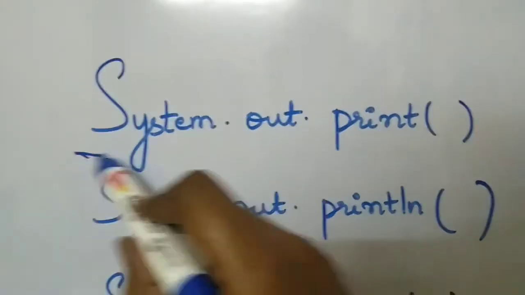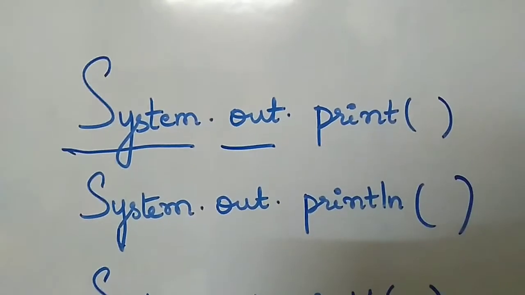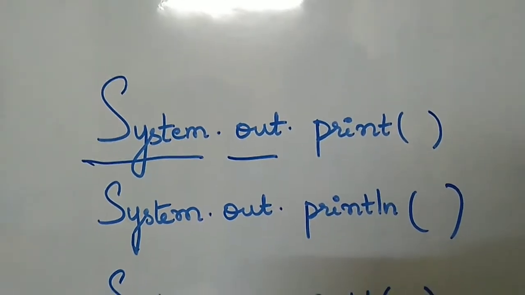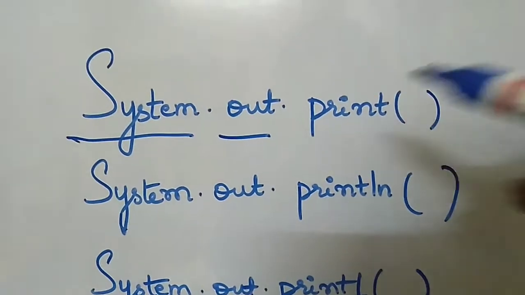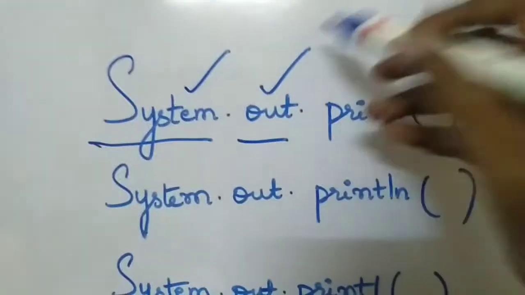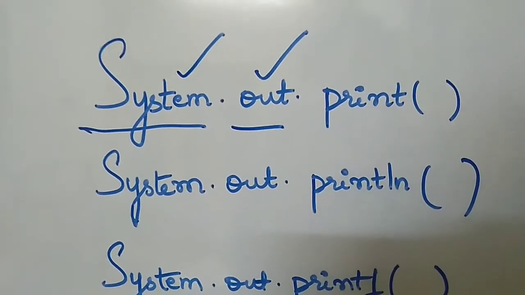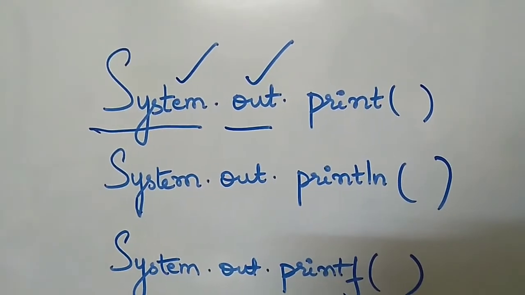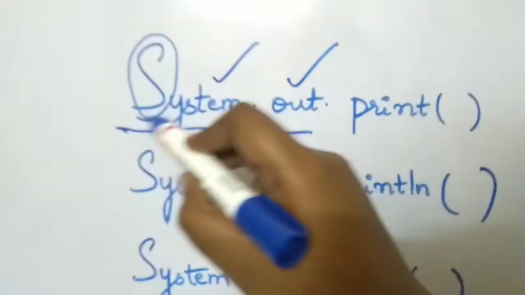System is the class name and out is the static variable of the System class. Since out is a static variable of the System class, you can access it only through the class. That's the reason why we are saying System.out, and remember friends, this S is a capital letter.